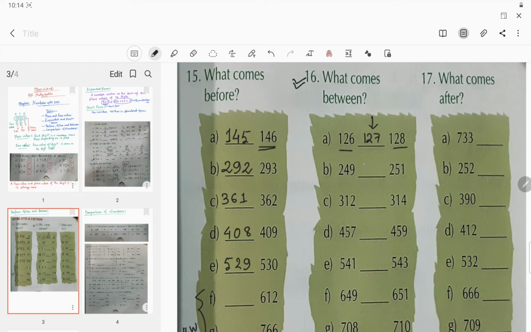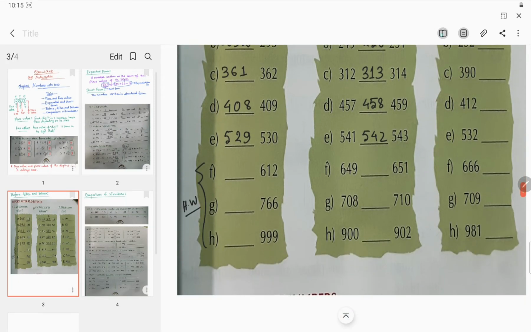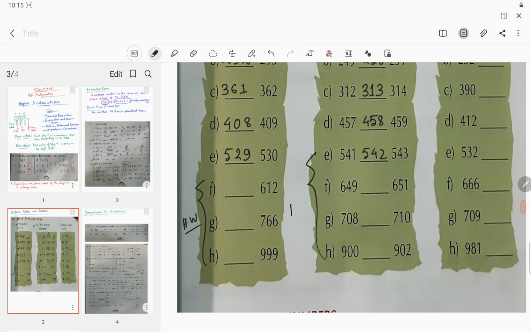Similarly, 250. Question number C, it will be 313. In D, it will be 458. In E, it will be 542. Okay, now E, F, G, H, this is also your home task. You should do it in your copy.